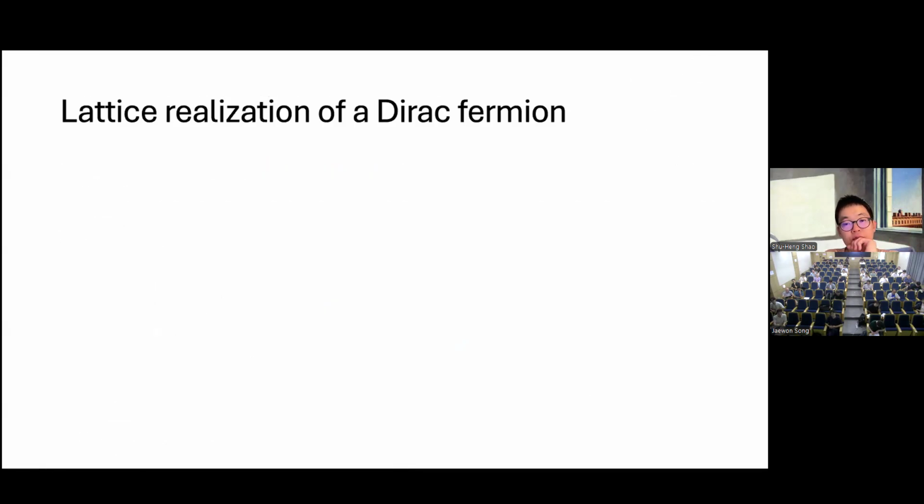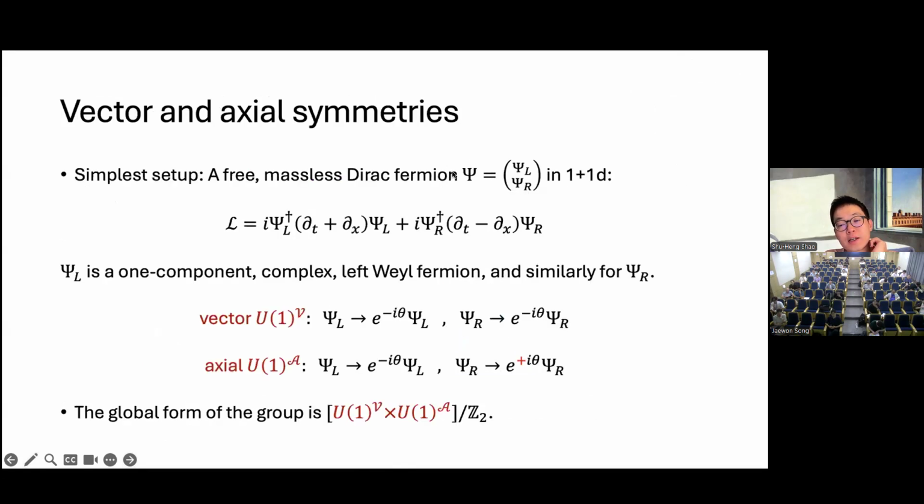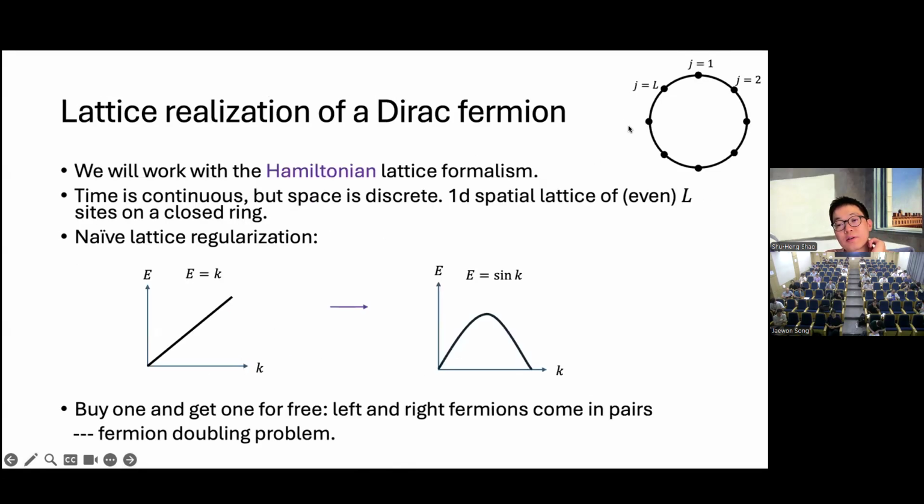So naively, if you want to realize a Dirac fermion on the lattice, you would put two complex fermions per site. This is because a continuum Dirac fermion has two complex components. So the most naive regularization will instruct you to put two complex fermions per site. But because of the doubling problem, if you do put two complex fermions per site, you will end up getting two Dirac fermions in the continuum.